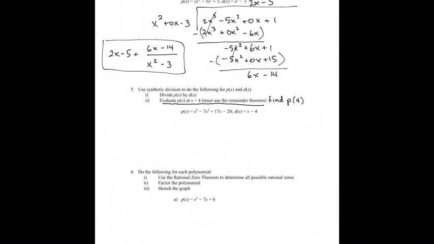We talked about that the synthetic division and remainder theorem can help us evaluate functions. So first we're going to evaluate or divide using synthetic division. There aren't any missing terms, so we don't need any zeros for any of the missing terms there.